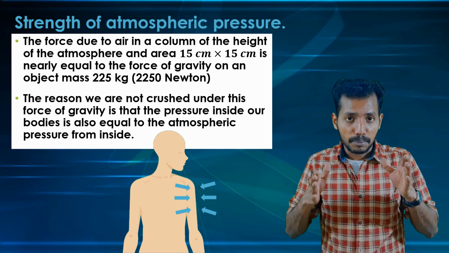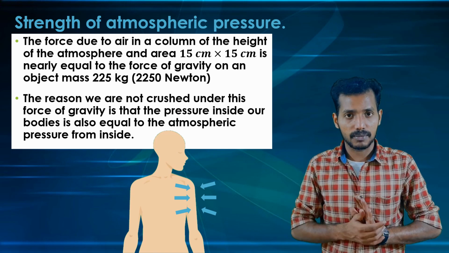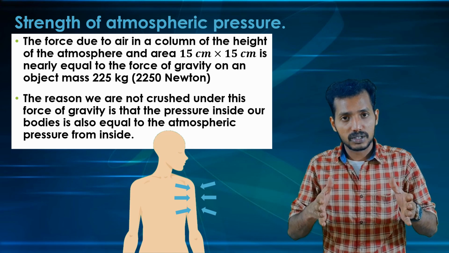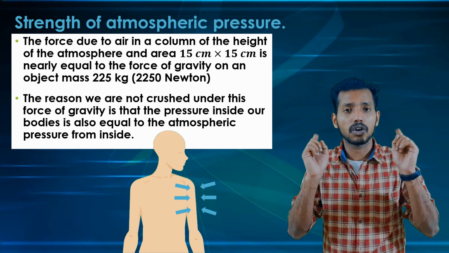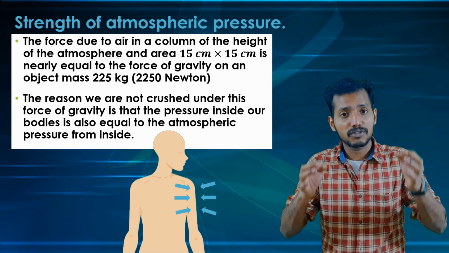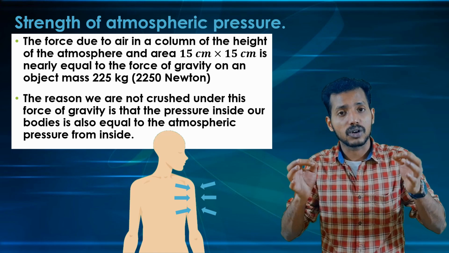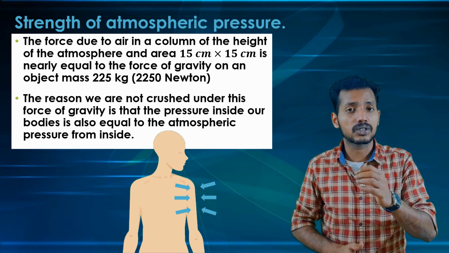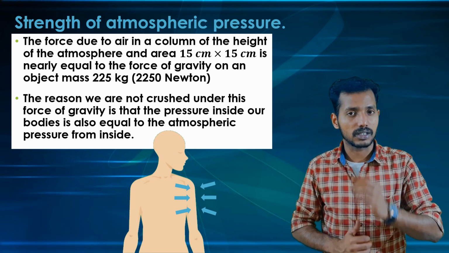Pressure is force by area. So the atmospheric pressure exerted by the atmosphere in an area of 15 centimeter into 15 centimeter will be equal to a force of 2250 Newton, where Newton is the unit of force. Clear? That is very important to remember.